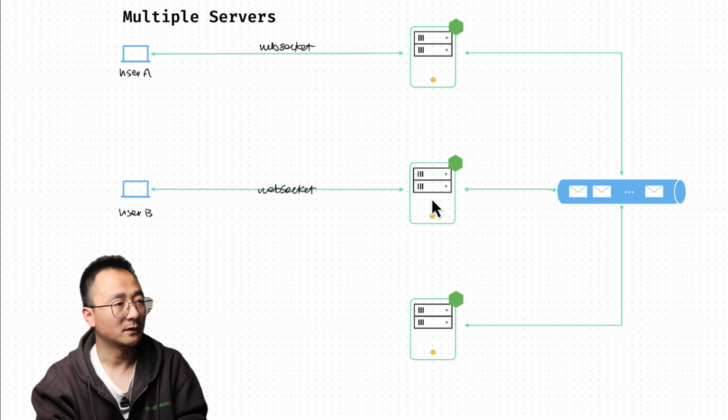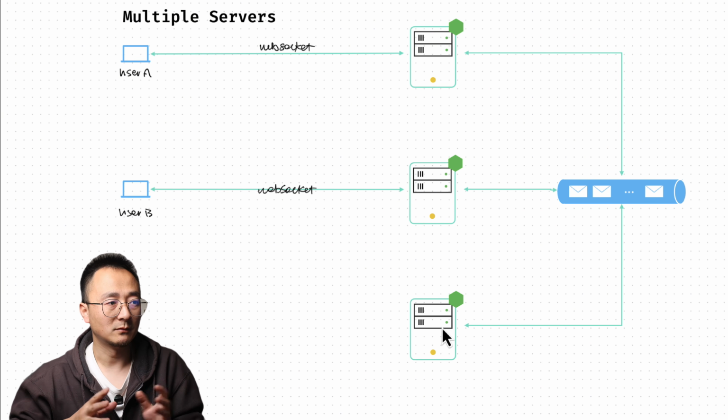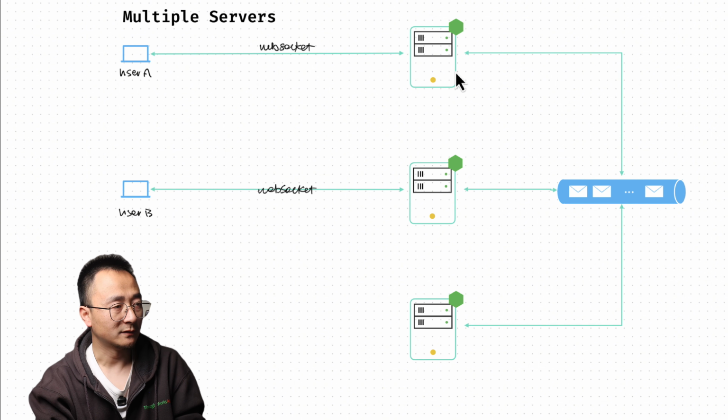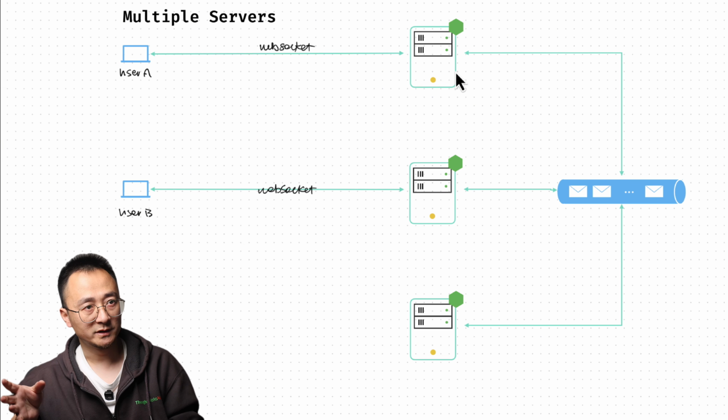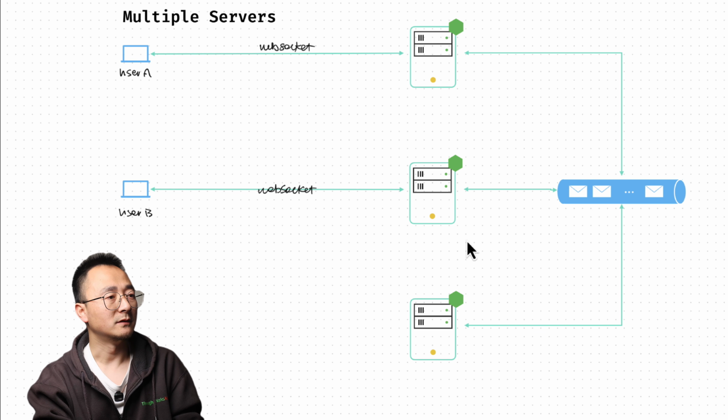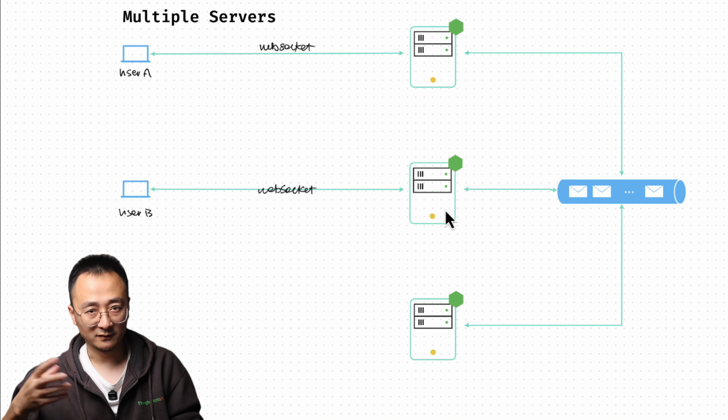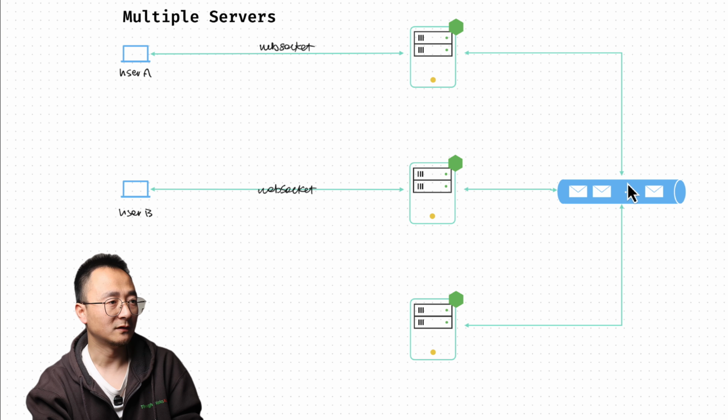The servers then relay this message to their clients, like all the browsers connecting to the particular server. That way you can scale it pretty well. For example, if server A is in one region of the world and the other one is in another continent, they can still get this notification.